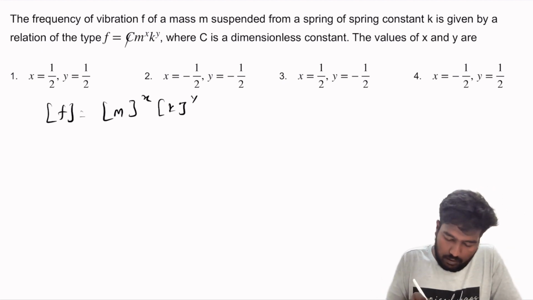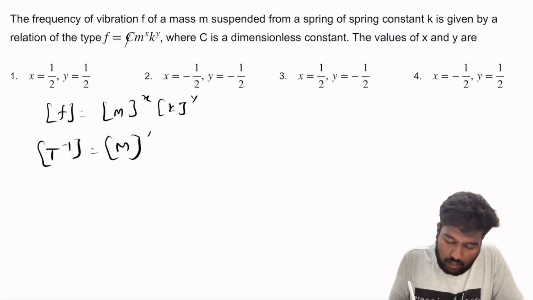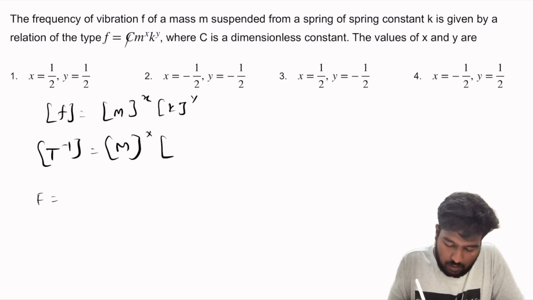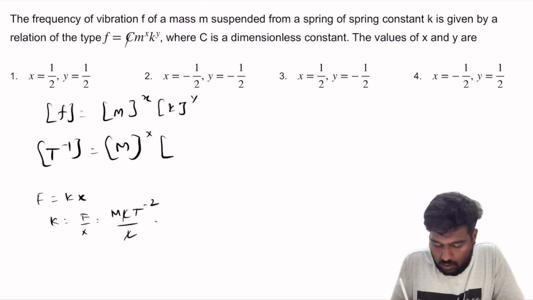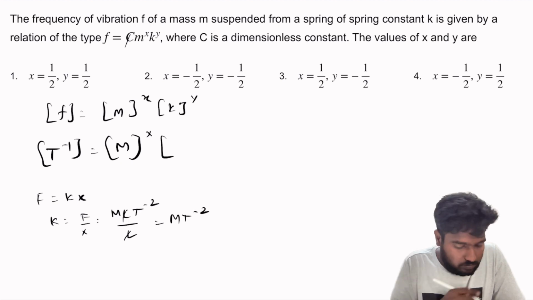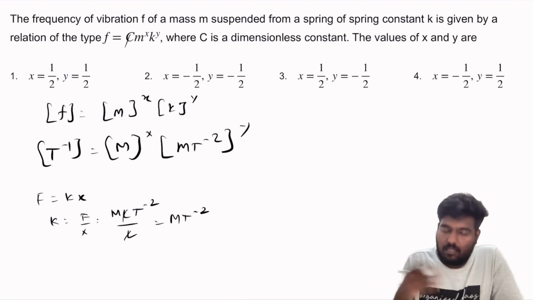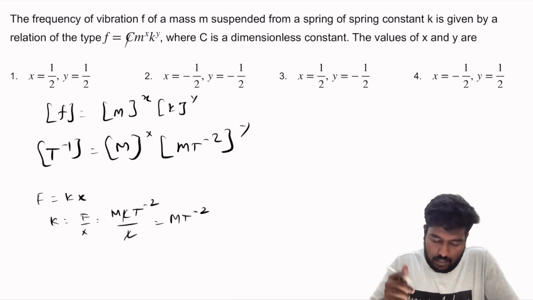So this is T inverse, frequency. M is mass, we know. K is a spring constant. You know that F equal to Kx, so K is F by x: M L T power minus 2 divided by L, so M T power minus 2. Which combination will give me only T inverse?